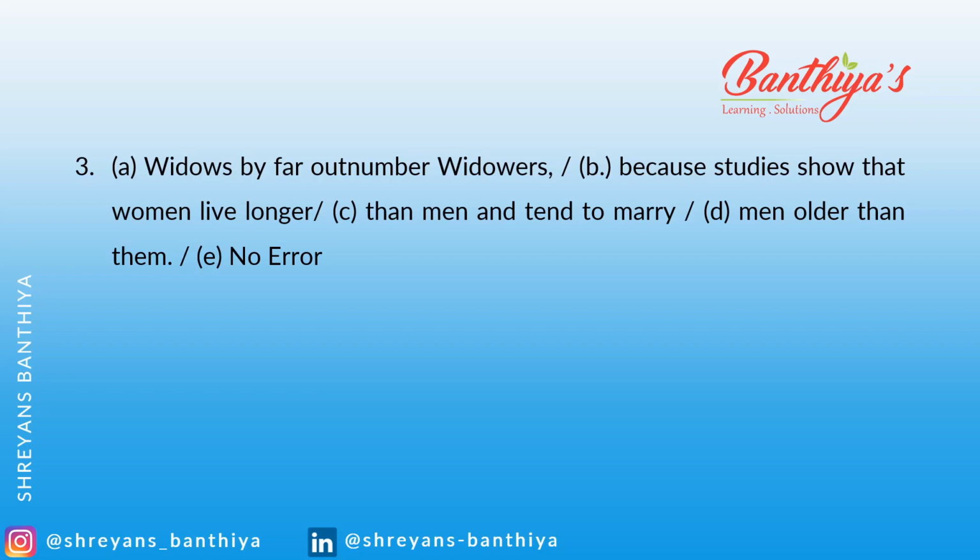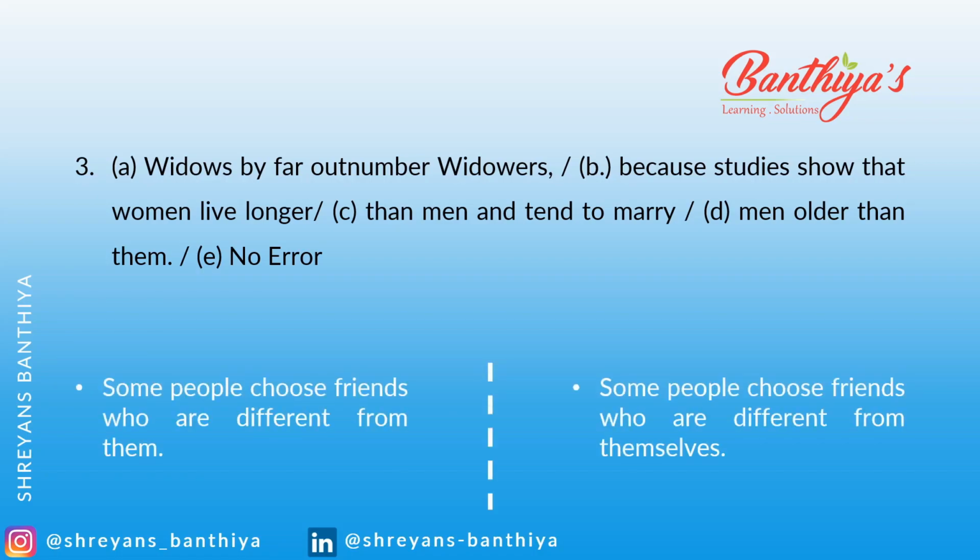And generally, women tend to marry somebody who is older than them. Now here the error is in part D, because instead of them it should be themselves, because here the widows are talking about themselves. They are not comparing it to somebody else. So it should be a reflexive pronoun here and not a simple pronoun.